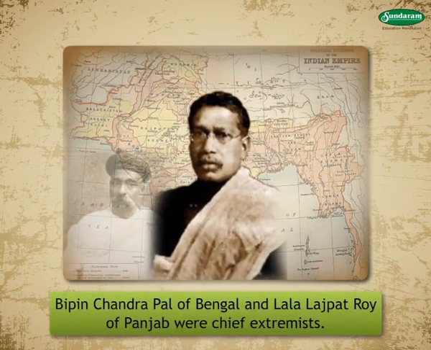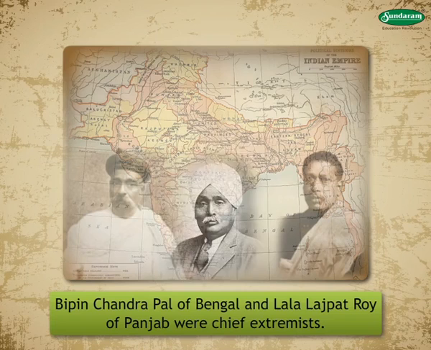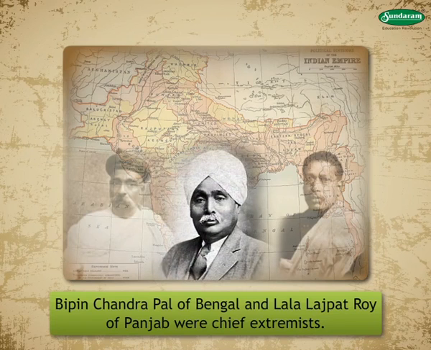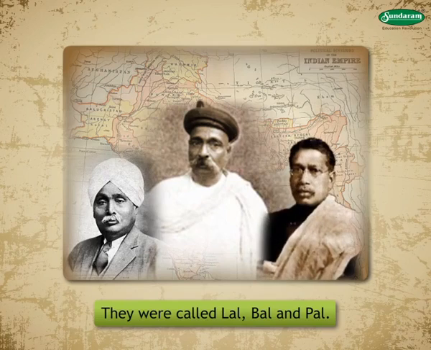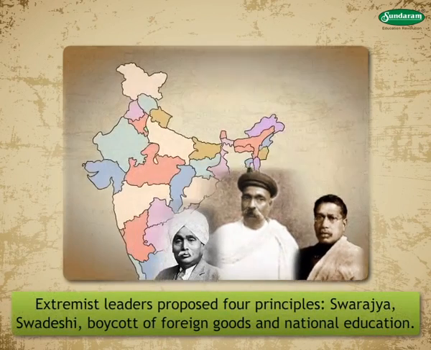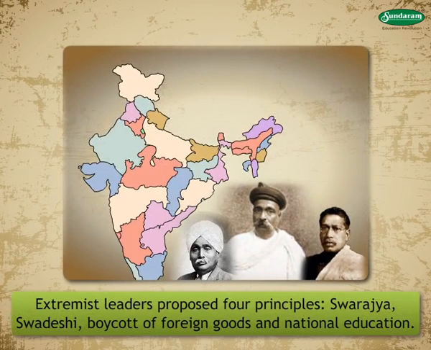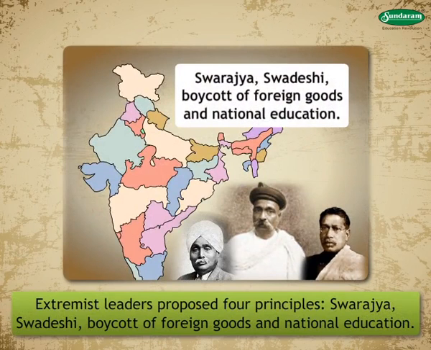Bipin Chandra Pal of Bengal and Lala Lajpat Rai of Punjab were chief extremists. They were called Lal, Bal and Pal. Extremist leaders proposed four principles: Swaraj, Swadeshi, boycott of foreign goods, and national education.